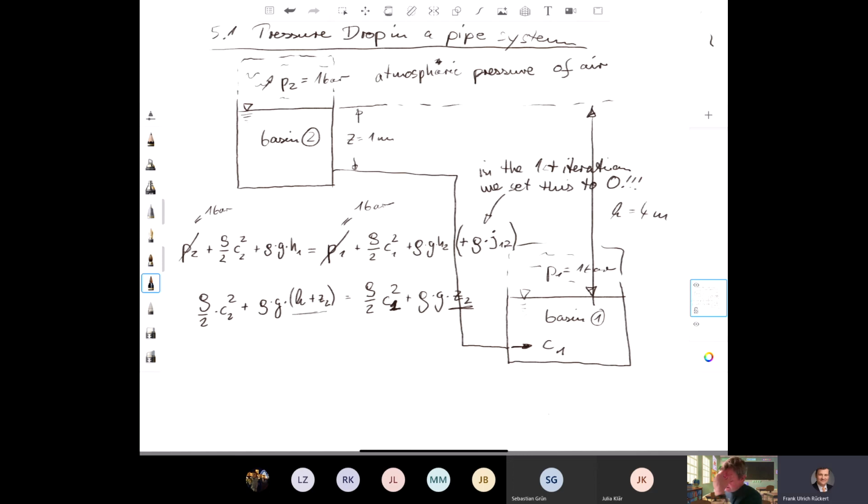Okay, let's go on. And let's say the velocities are the same.